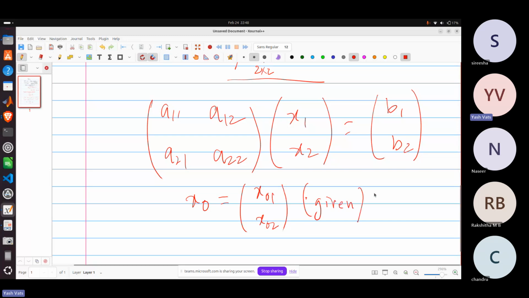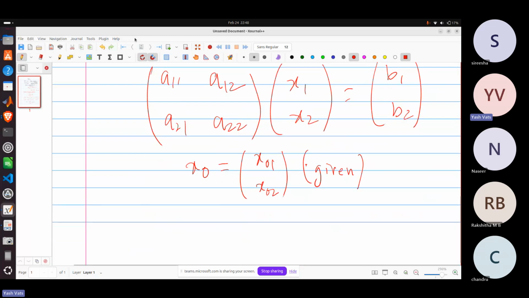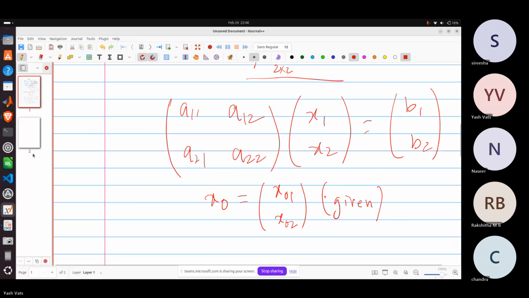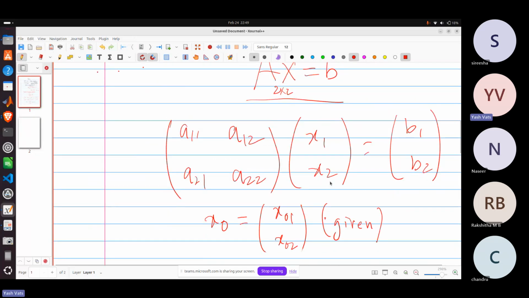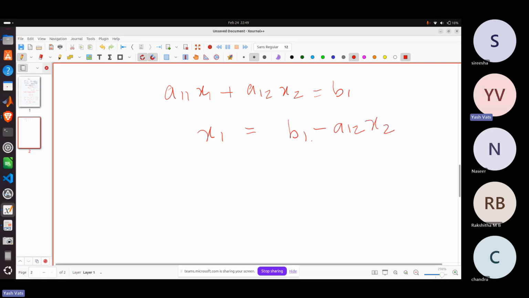Then how do you find it? You have to convert it into this form. So you try to shift your x1. You find out what x1 is in this case. I can write a11 x1 + a12 x2 = b1, so x1 = (b1 - a12 x2) / a11, keeping a11 non-zero.